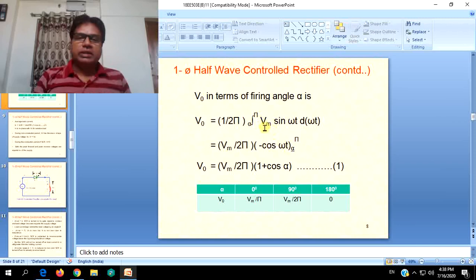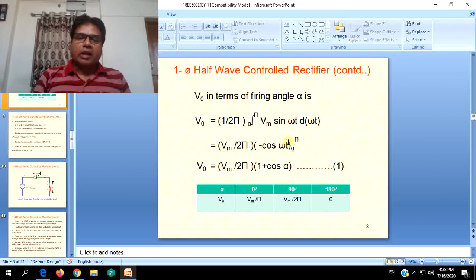So we will be considering the equation Vs is equal to Vm sin omega t, or V naught will be equal to Vs during alpha to pi, which is equal to Vm sin omega t. So taking an integral of the expression from alpha to pi, we will get Vm, the constant, taken outside, Vm by 2 pi, the maximum or peak value, integral of sin omega t is minus cos omega t, limits are alpha to pi.